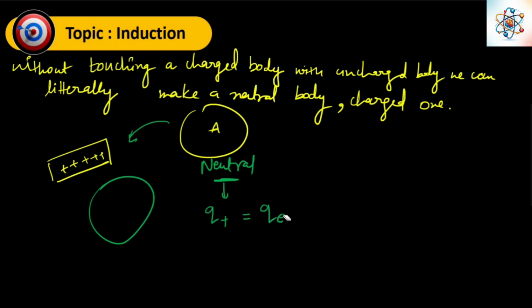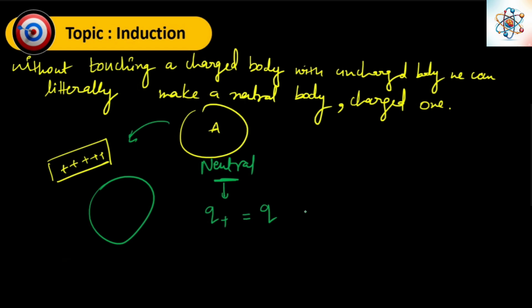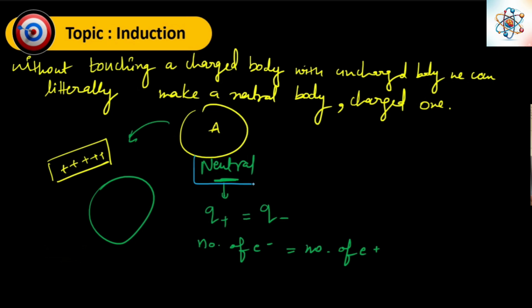We can say that it would have an equal number of electrons and protons. The number of electrons must be equal to the number of protons. This is what neutral means. I was just saying what my teacher told me. No, it's not like that. Okay, so neutral means it must carry some positive and negative charge.